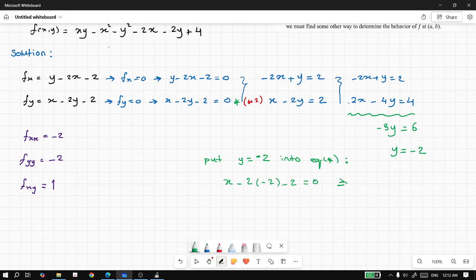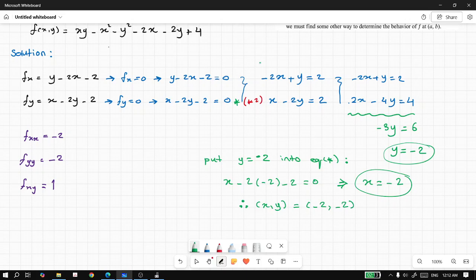And from here, because minus 2 multiplied by minus 2 is minus 4, sorry, it's equal to 4. 4 minus 2 is equal to 2. Taking it to the other side, it gives me x equal to minus 2. So the critical number that I have got, x and y, is minus 2 and minus 2.